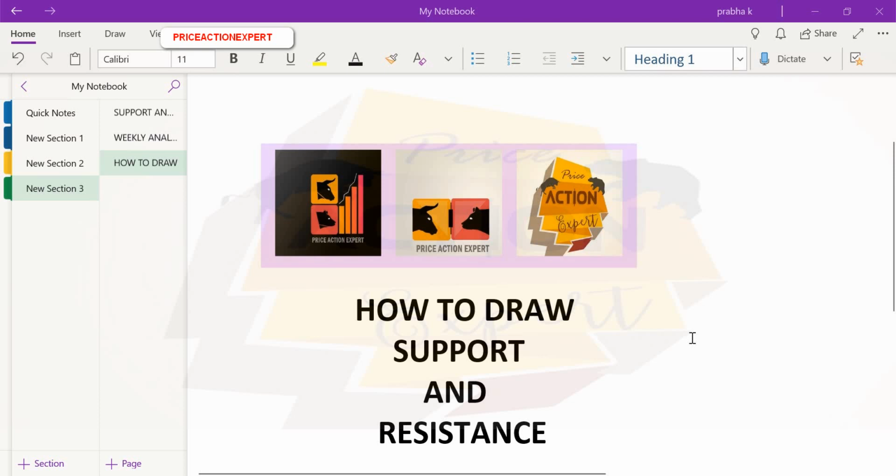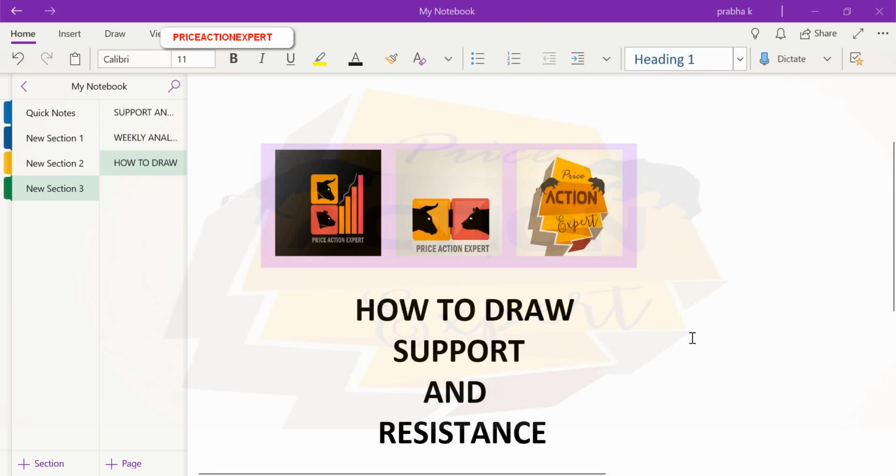Support can sometimes be called demand and resistance can sometimes be called supply, and many use indicators to predict, forecast or analyze the support and resistance.